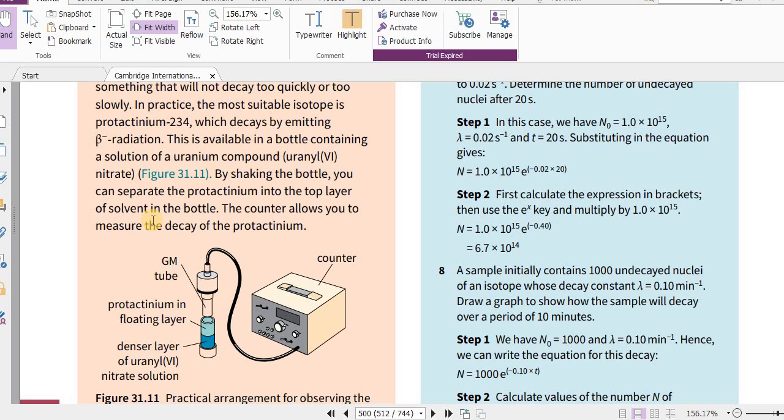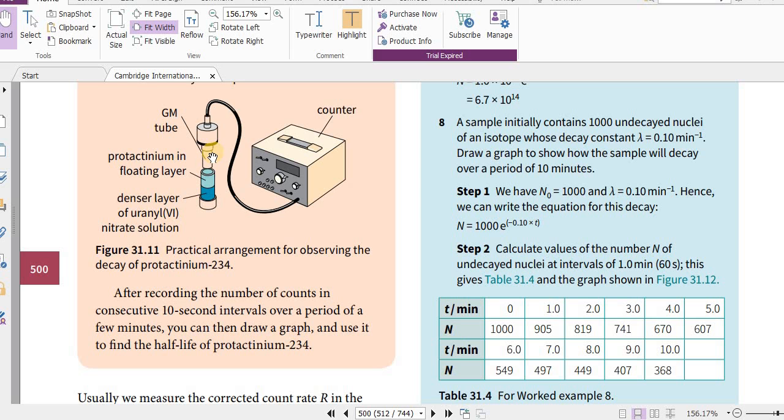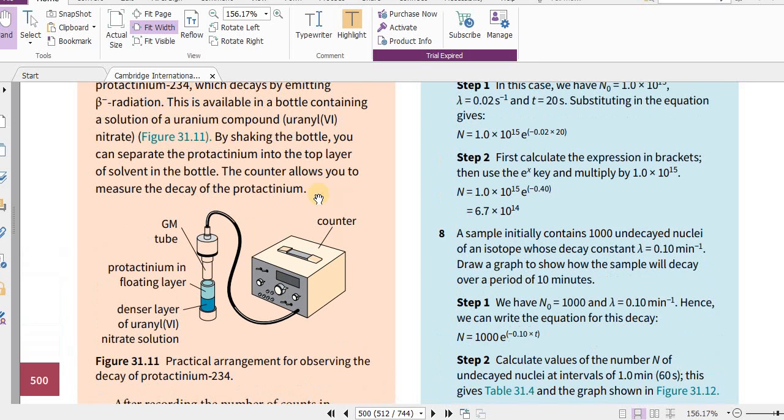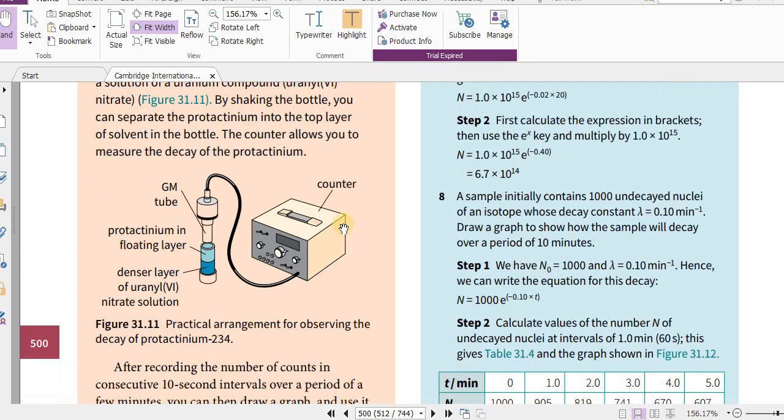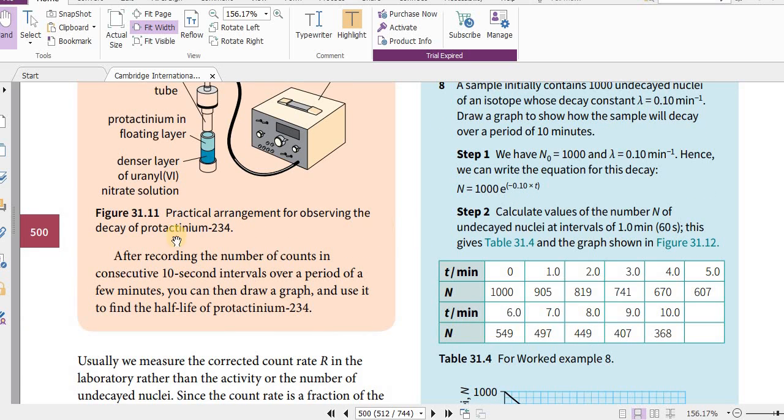The counter allows you to measure the decay of the protactinium. Here we have the Geiger-Müller tube connected to the counter. This is the practical arrangement for observing the decay of protactinium.